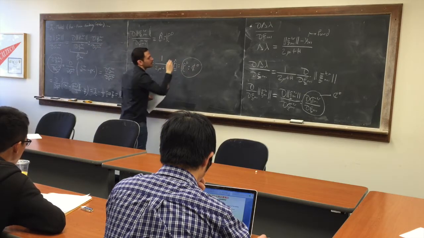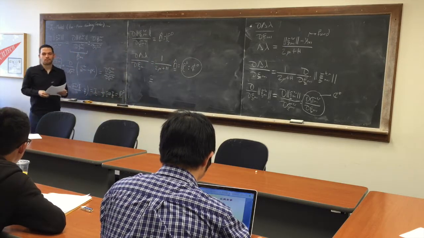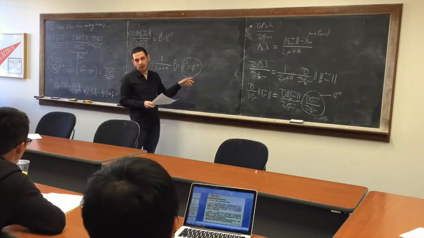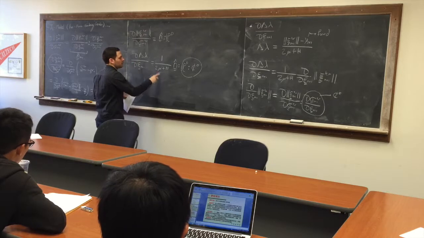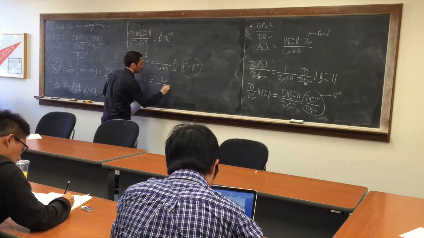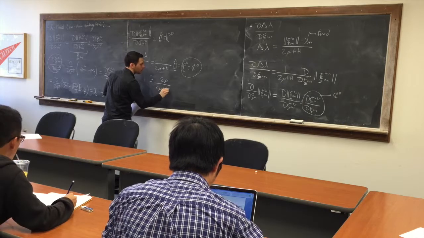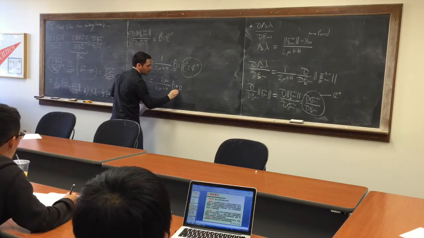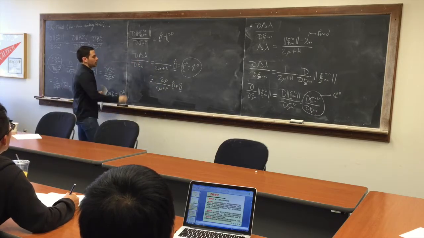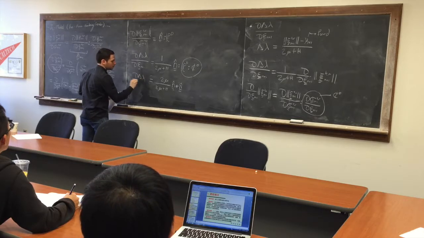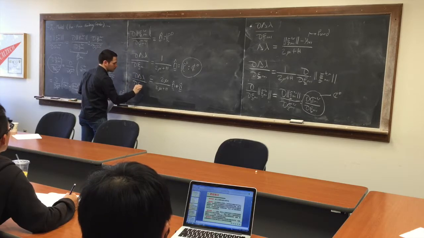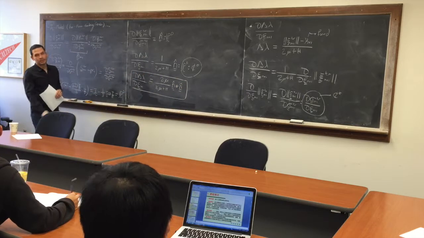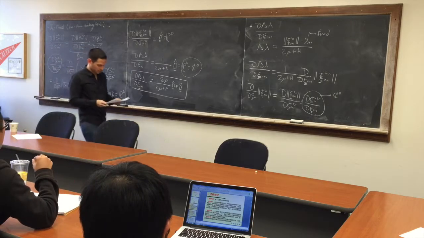What is this? It has to be 2 mu n. So I get 2 mu plus h times m diet n. This is the first derivative that we needed. Right. We're done with this.